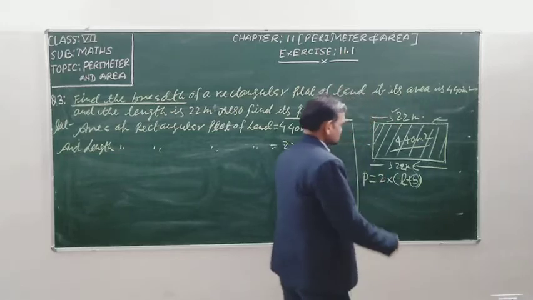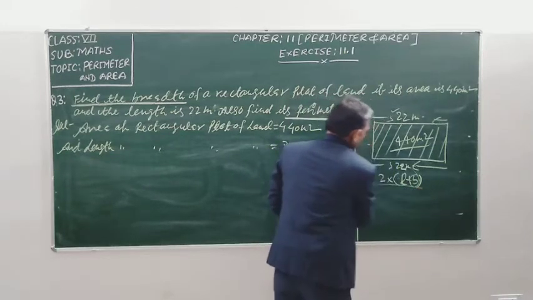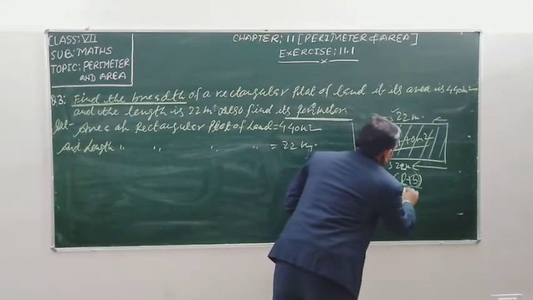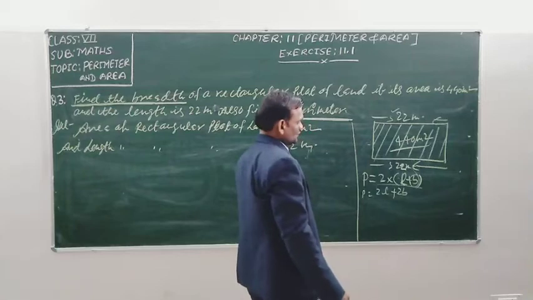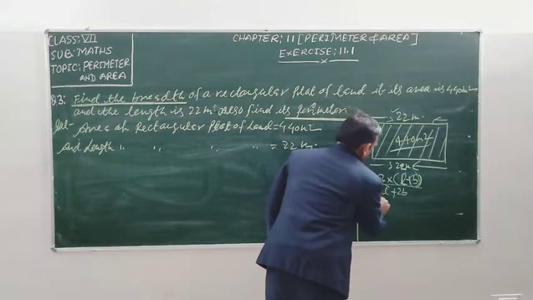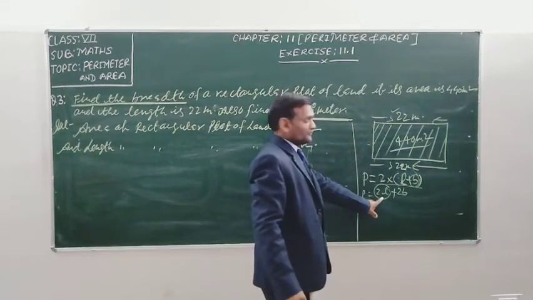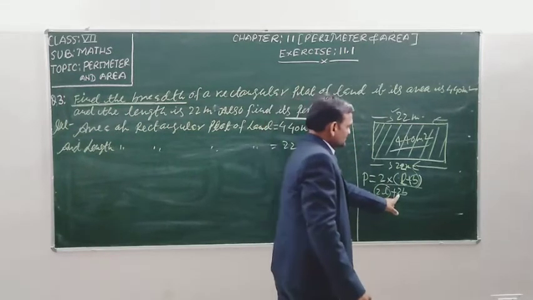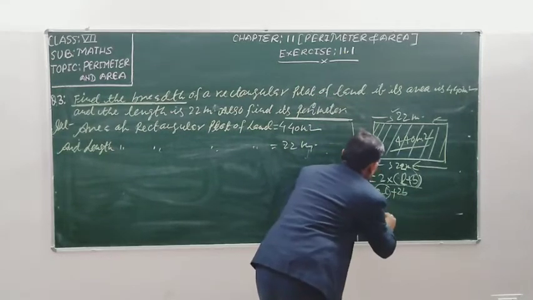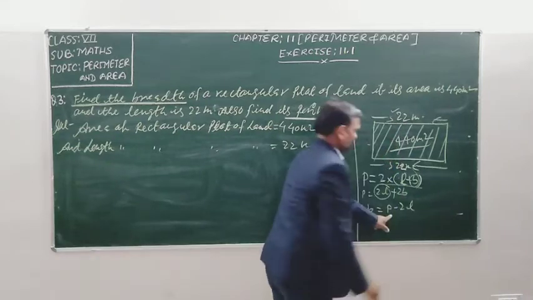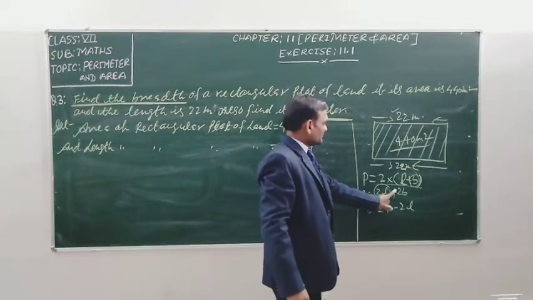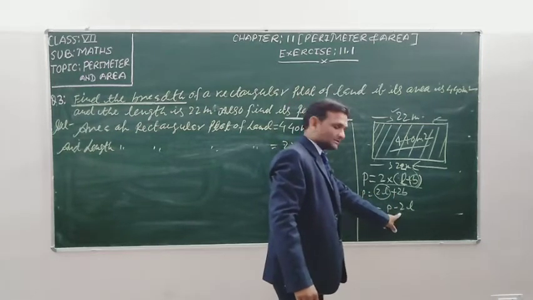How will we find the breadth, student? Look, from here I am doing a derivation. Perimeter is equal to 2 into l, 2l plus 2b. This term 2l we are transposing to the left side, so in the right side 2b only is left, so 2b is equal to p minus 2l, because 2l was added on the right side, so when we transpose to the left side we have to subtract.